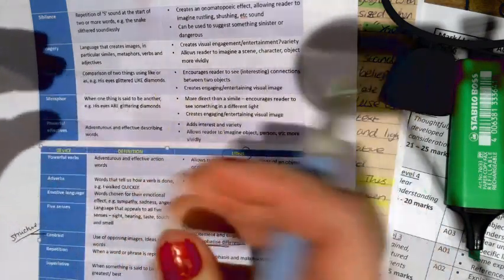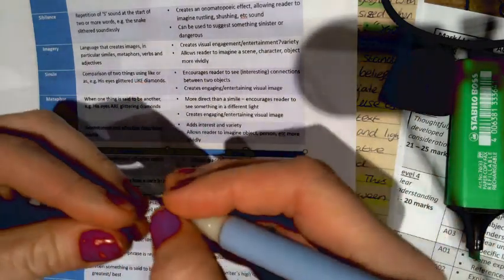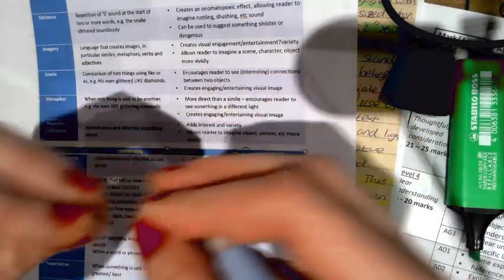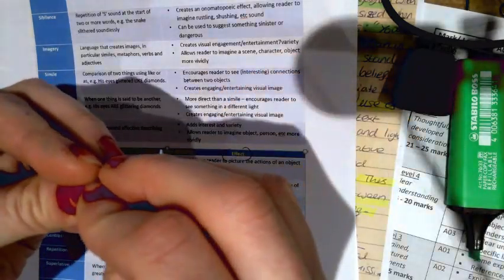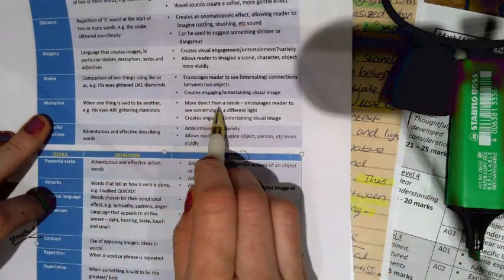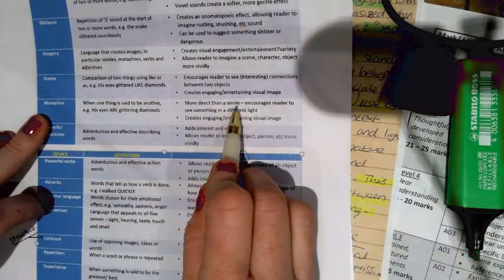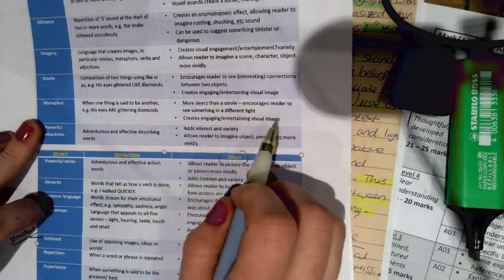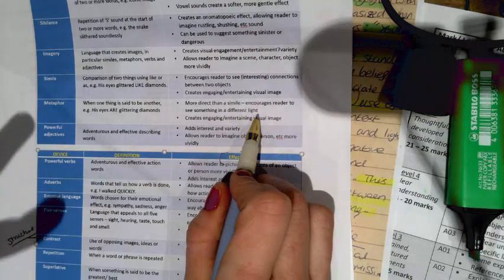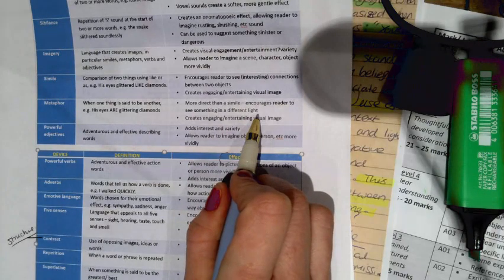Okay, now a simile also says that two things are similar, okay, or like. But a metaphor is more direct than a simile, okay? It encourages the reader to see things in a completely different, sort of abstract way, okay?